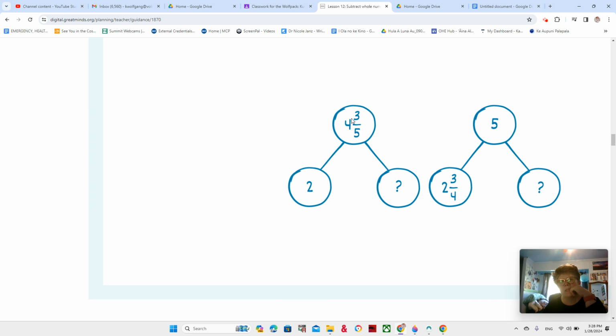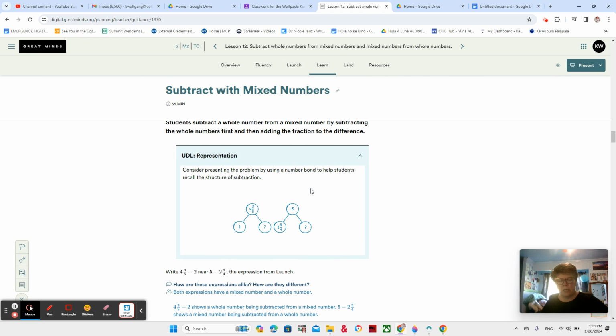So we could separate our 4 and our 3/5, and we're still just taking away 2. So if I have 4 3/5 pizzas, I still have 4 pizzas. I'm giving away 2 pizzas. It's still going to leave me with 2 3/5 pizzas. Do you see that? Now I think we can find that difference mentally pretty easily.